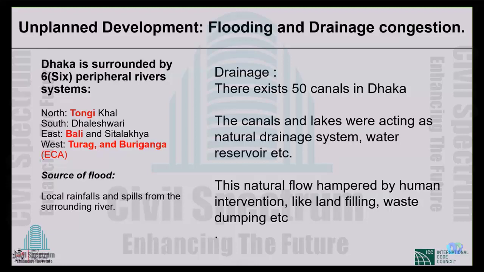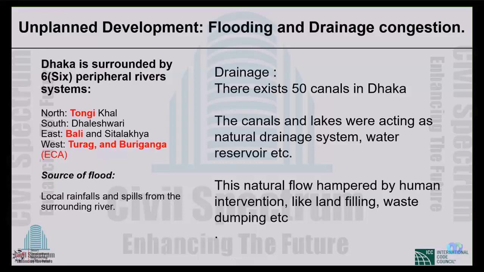Also, we recently looked at the flooding in Bangladesh, flooding in Dhaka city, because of drainage system changes and unplanned, unresilient plans and developments. Most of the natural systems we either encroached upon or filled up and built on top of.